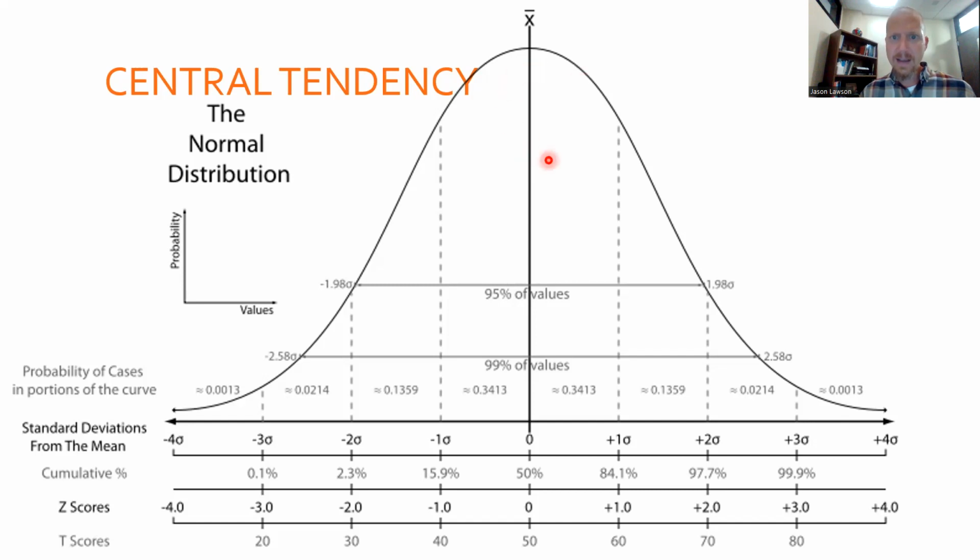Right in the middle here, we have the mean, that line. What that means is that based on our sampling, most of the population fell right in here, which is why there's a bigger belly here.